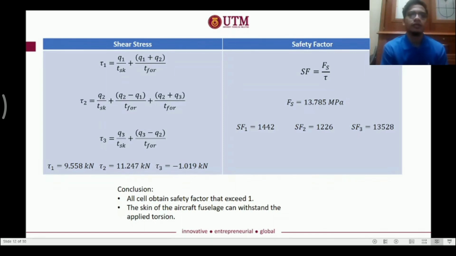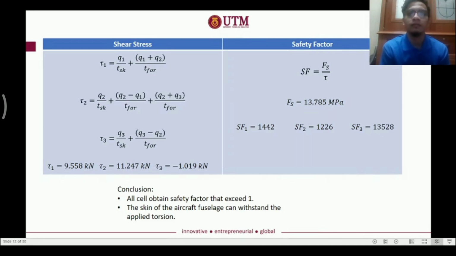With the shear stress, we can calculate the safety factor by using Fs equal to shear stress. Fs for the EPV form is 13.785 megapascal. So the safety factor for cell 1 is 1442.